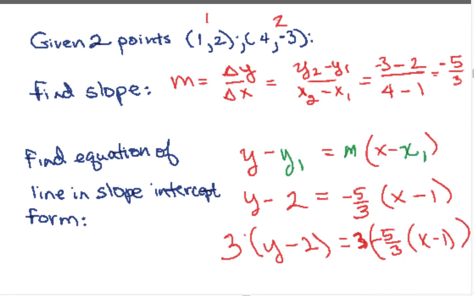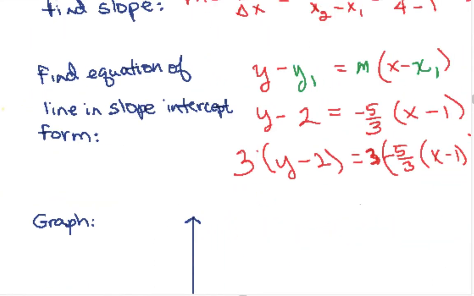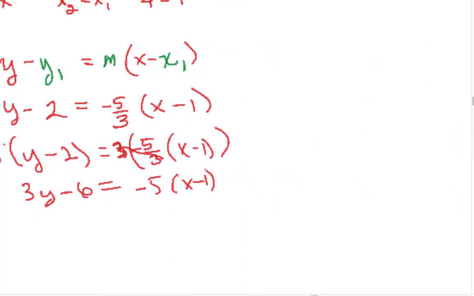So here on the left side, I have 3y minus 6. Here, when I cancel the 3's, I have a negative 5. And no, you do not need to multiply the 3 times the x minus 1 because the 5/3 is connected to the x minus 1. It's one unit. Otherwise, we would still have a fraction. We're trying to avoid that.